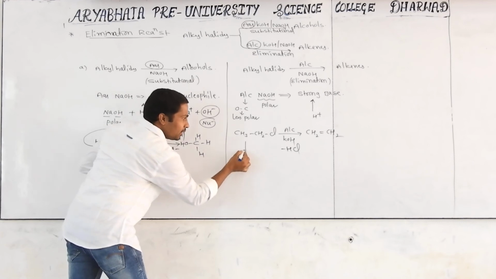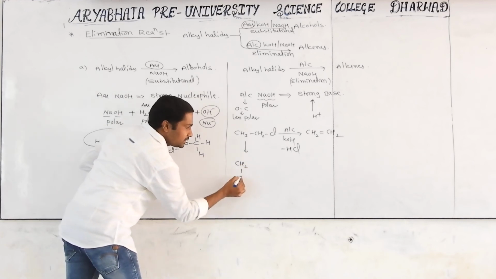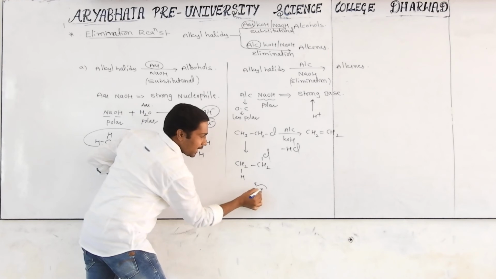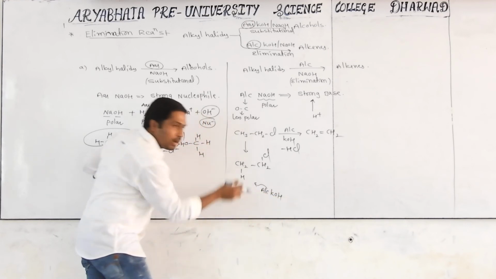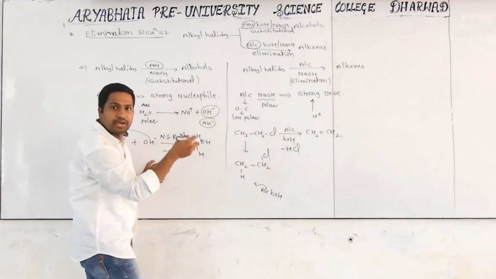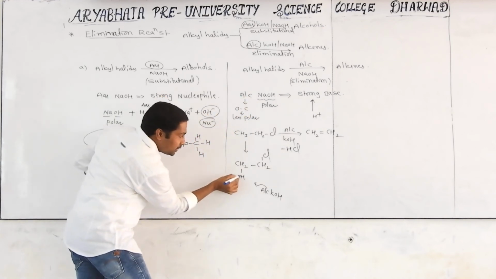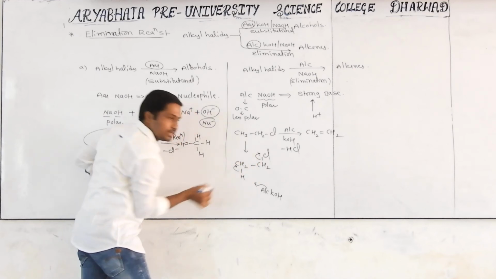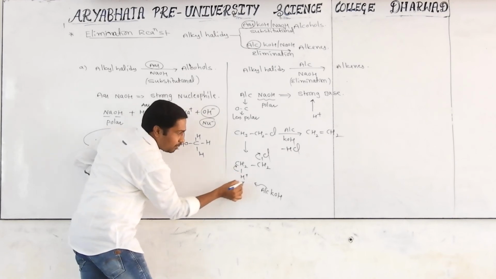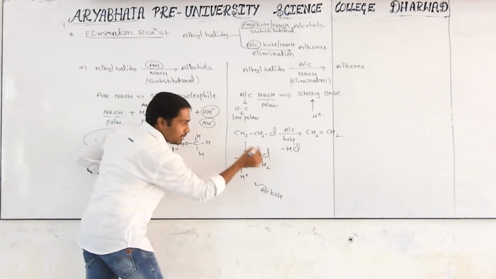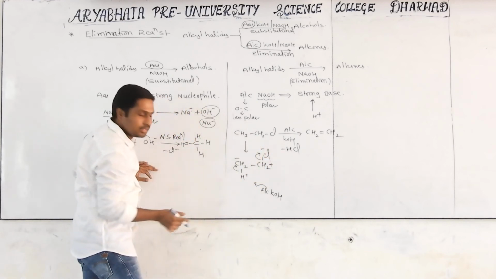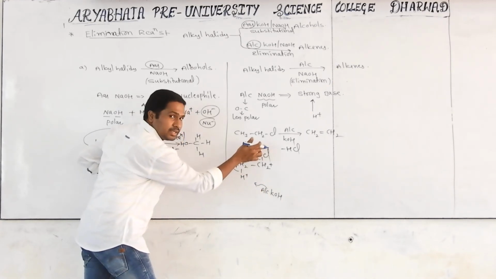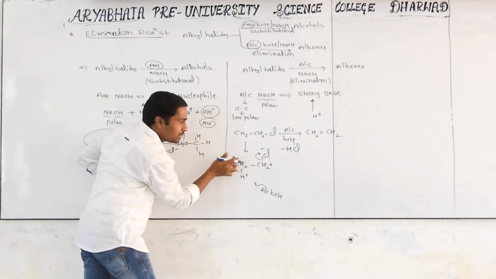I am explaining how, so see carefully. For example, for my convenience I am writing the compound as CH2H and CH2Cl, which is approached by alcoholic KOH. What will alcoholic KOH do? It absorbs the H plus particle because it is strongly basic in nature. So when it takes the H plus, this bond shifts immediately like this. While shifting, we get a plus charge here and a minus charge here. The H plus is absorbed by the base and comes outside, and after that Cl minus comes out. Then the adjacent orbitals get opposite charges.